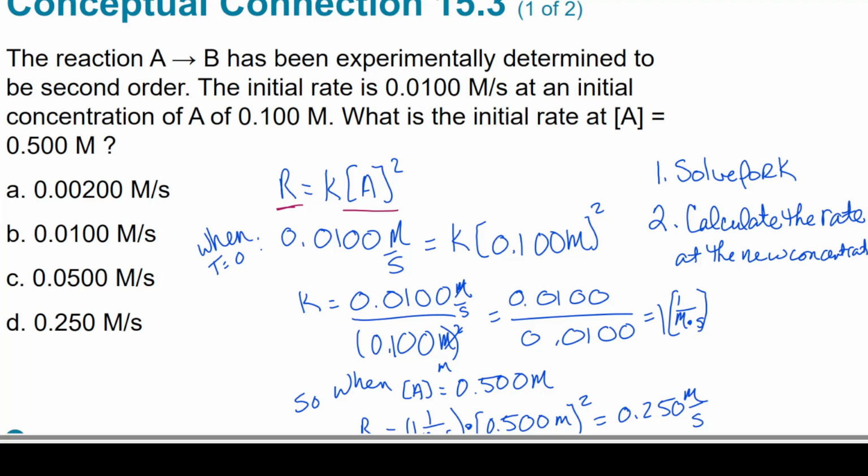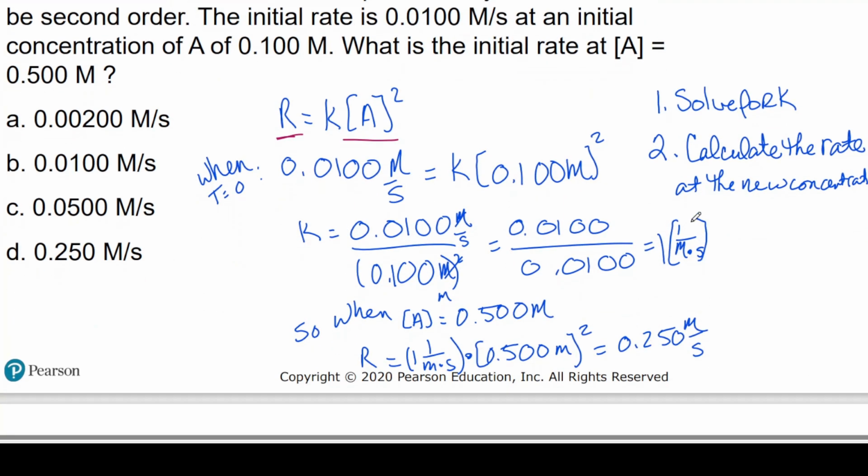Alright, so if we plug in our initial set of conditions, 0.0100 molar per second is equal to k times 0.100 molar squared, we can solve for k and get our k for this reaction. And we see that k is equal to 1, and then our units are 1 over molar second.